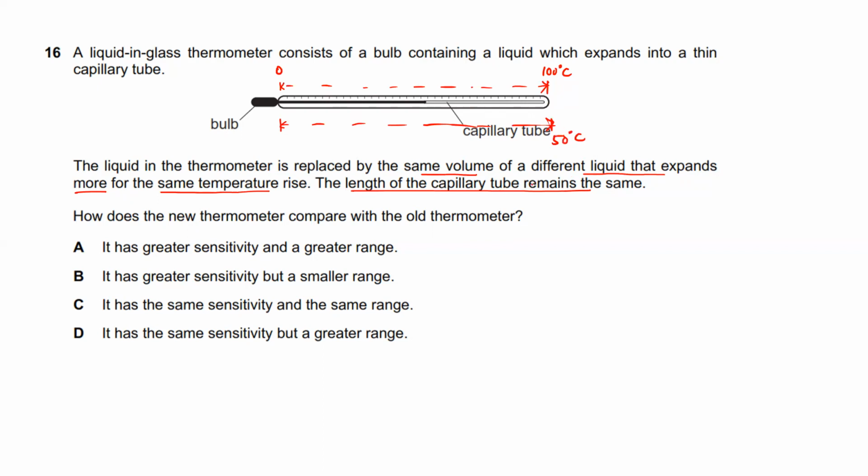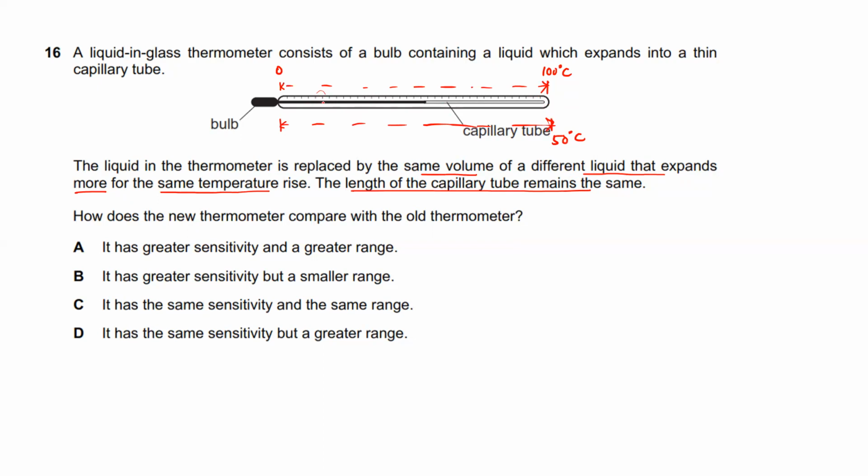You can't go above the 50 degrees centigrade because the length of the tube is no more available to us. But what will happen? So this sensitivity increases, and the range has decreased and it has become more sensitive.